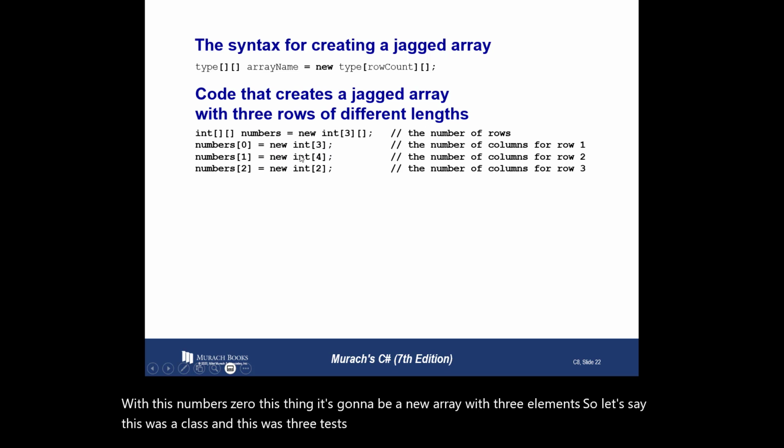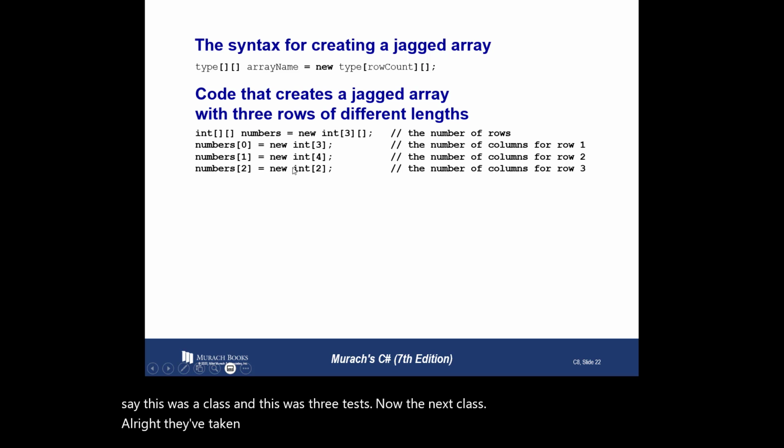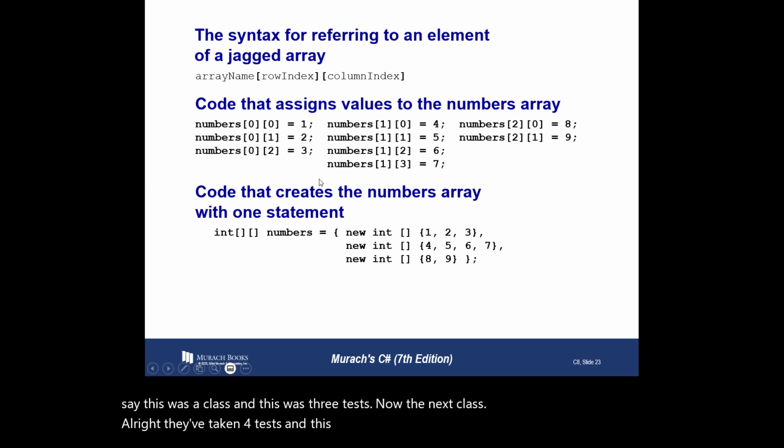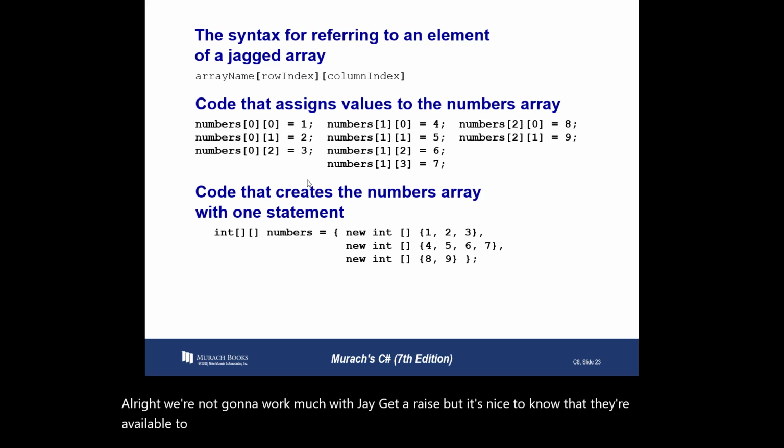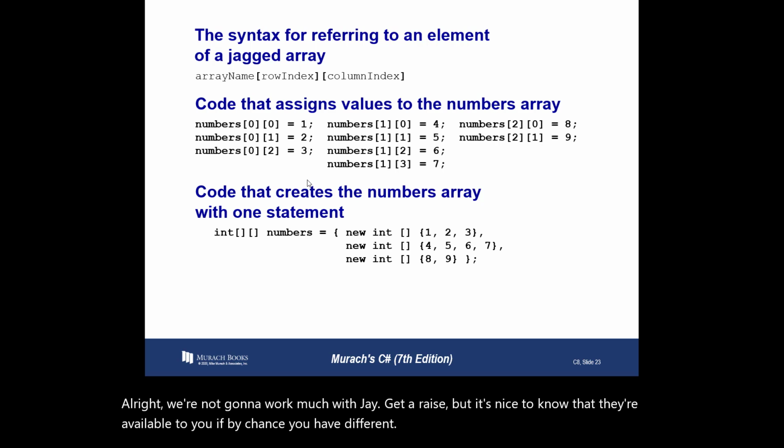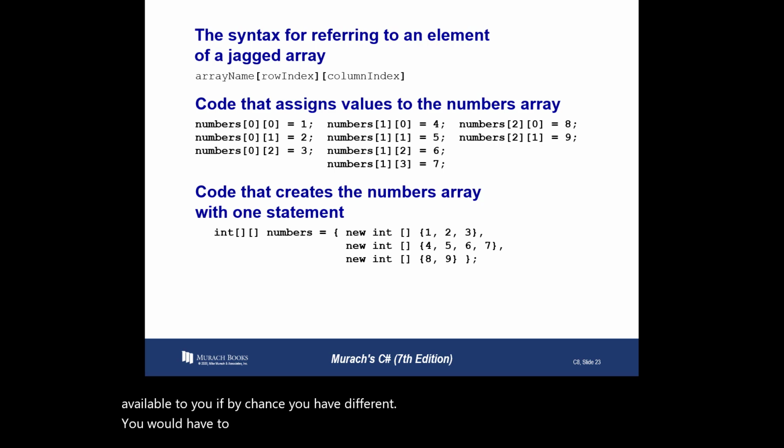Now the next class, all right, they've taken 4 tests. And this class has taken 2 tests. All right, we're not going to work much with jagged arrays, but it's nice to know that they're available to you if by chance you have to have different numbers of columns in different rows, okay?